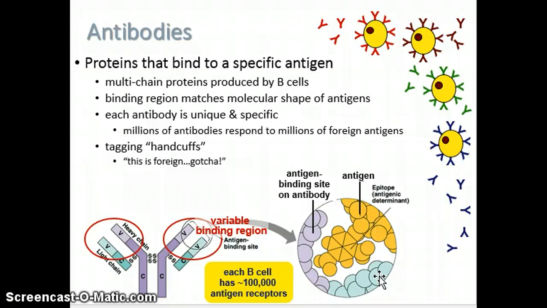All of these are going to bind the epitope of an antigen. Every B cell has about 100,000 antigen receptors, but each of those antigen receptors on a single B cell only binds one specific antigen. So they're not a bunch of different types of antigen receptors, they only are going to bind one type.